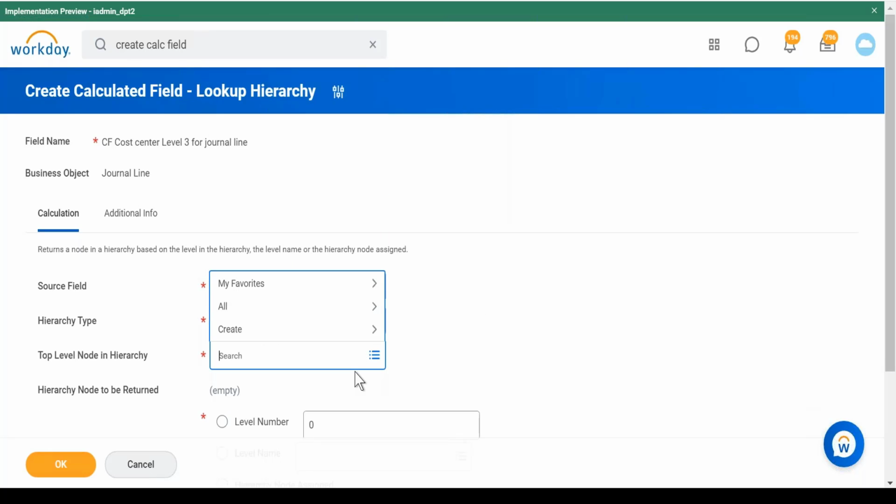Top level node. Now in one particular organization there can be multiple hierarchies of cost centers, or for that matter supervisory orgs, or companies, built in order to deal with multiple different kinds of business. So suppose yours is a medical academic institution.